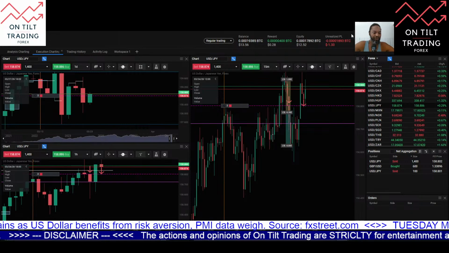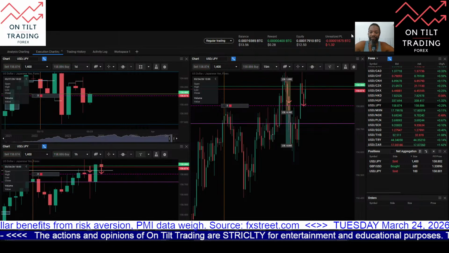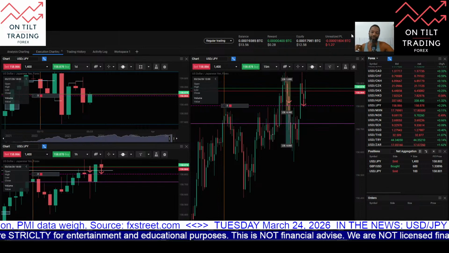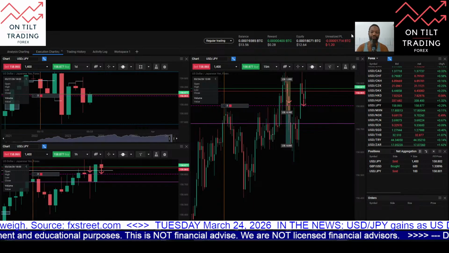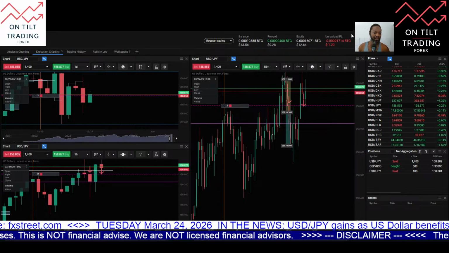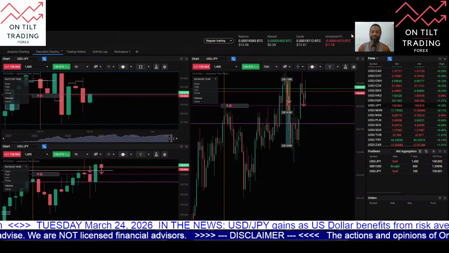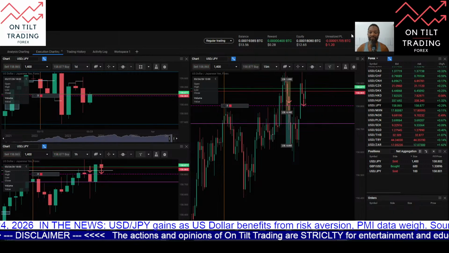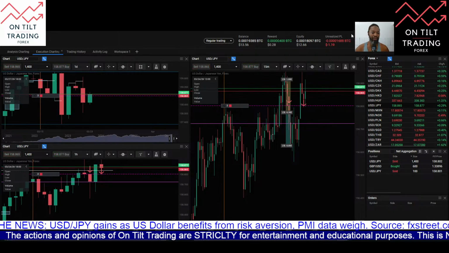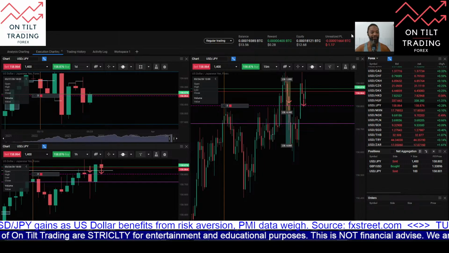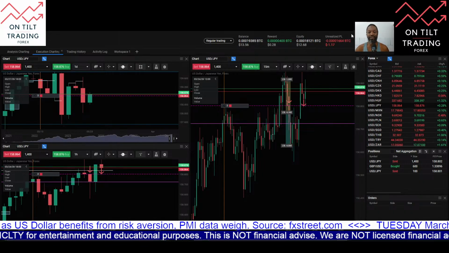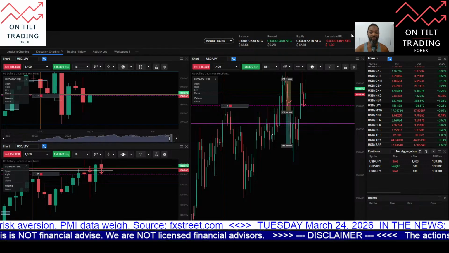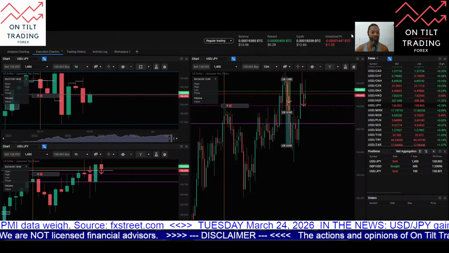So this is the first day I have, I would say, seriously sat down and only focused on this particular entry model. During my time spent in the ICT 2022 model course, I believe I've taken it 2.5 times, that information is starting to be worthwhile, or starting to pan out.